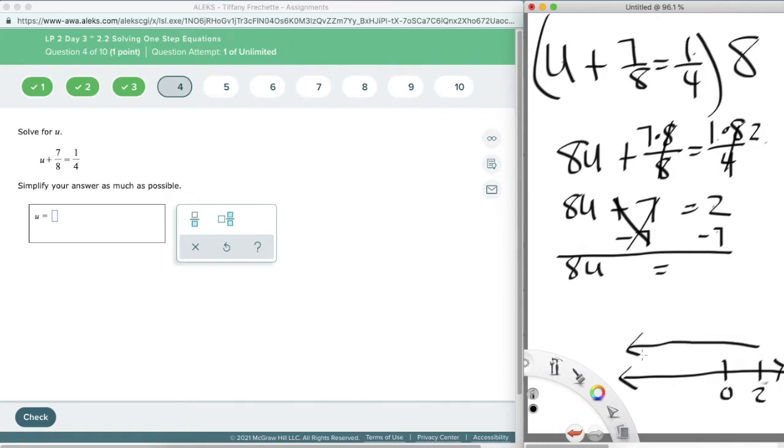So I need to go the 2 here and then 5 more here to go a full 7. So it's going to be -5. Another way to look at that is I subtracted 7 minus 2 is 5. 7 is bigger, meaning there's more of them, so it's -5. And then I would divide by 8 on both sides to finish that off. So I'm going to just be lazy and just say U equals -5/8.